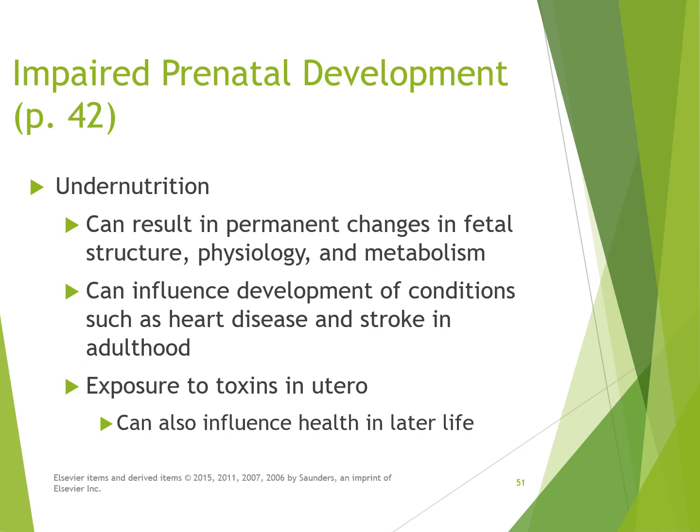Can influence development of conditions such as heart disease and stroke when that baby becomes an adult because their tissues have not been made strong enough. Exposure to toxins in utero can also influence health in later life. All the studies they're doing these days are just showing the effects of all this later. We know so much more now than we used to.